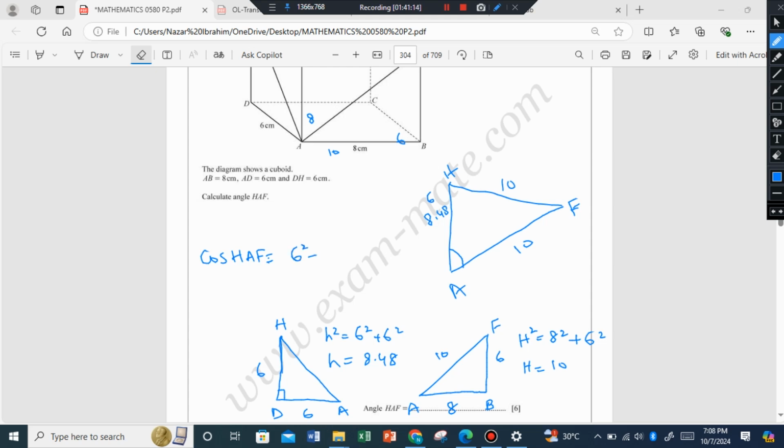So 6 square plus 10 square minus 10 square, and in the denominator I will have these two sides, 6 and 10.